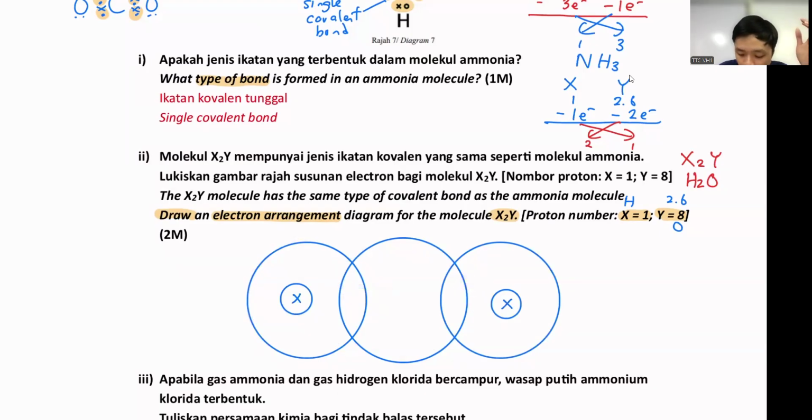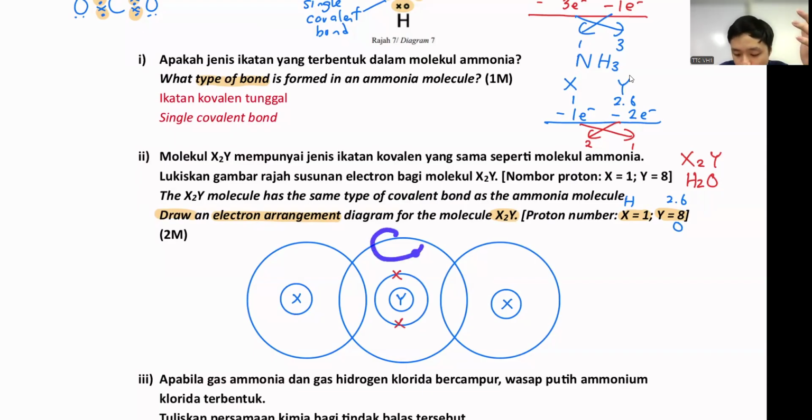So meanwhile, Y is in the middle, but you have to draw one more shell. Because in this case, Y you got two shells, 2.6, right? It's still 2.6, but actually now it's 2.8.